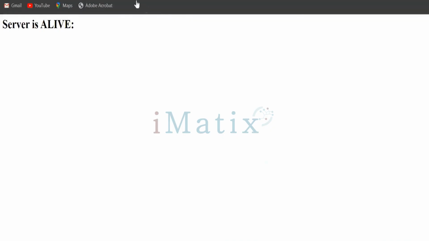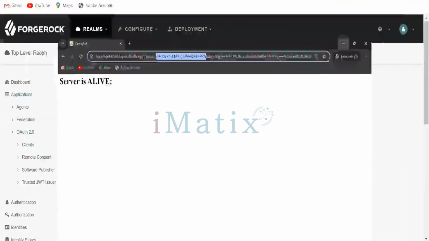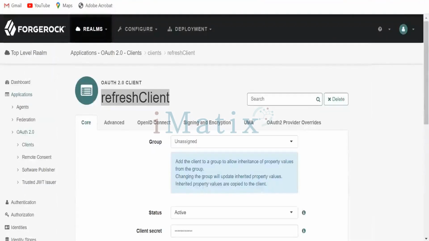Take the code, then go to Postman and fetch the access token.